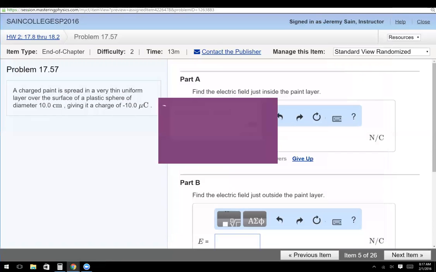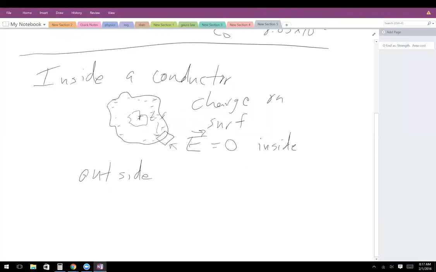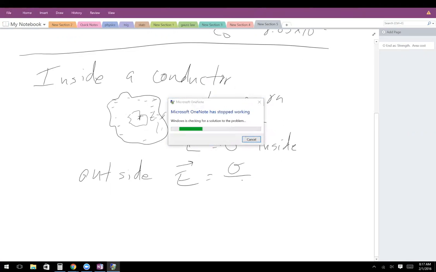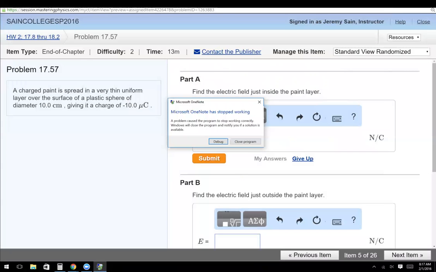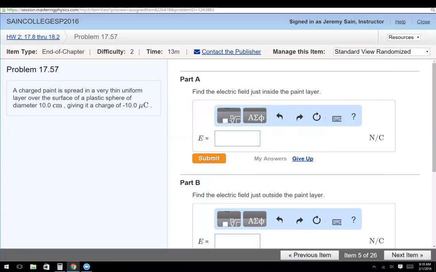And it's restarting. Okay. So outside, E is sigma over 2 epsilon naught. It's 2 epsilon naught? Yeah. For a parallel plate capacitor, it's just epsilon naught because the 2 plates are both adding to it.